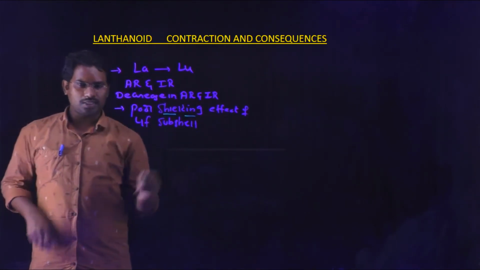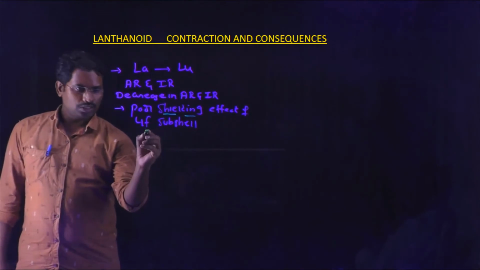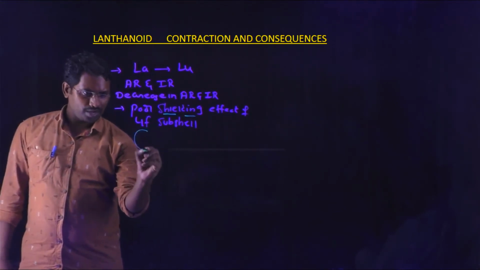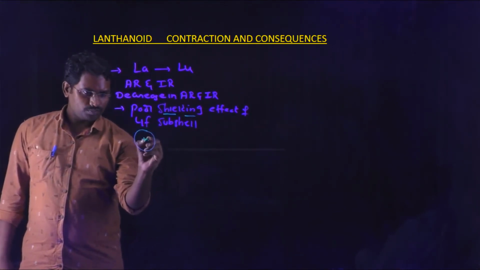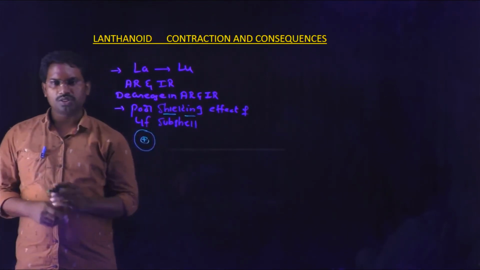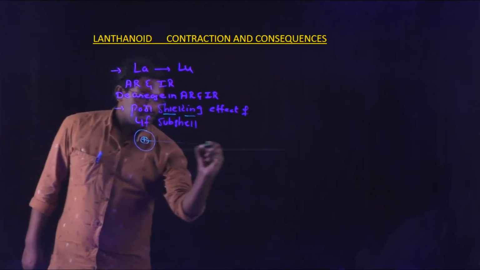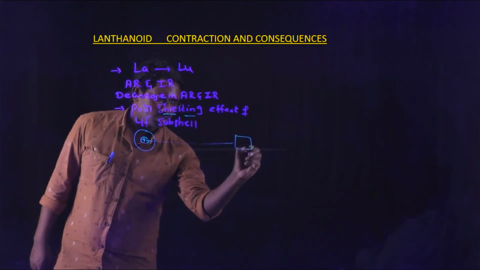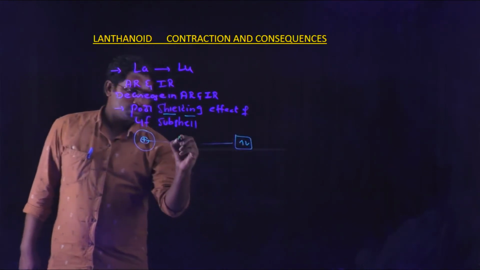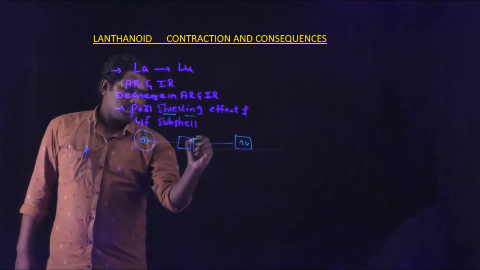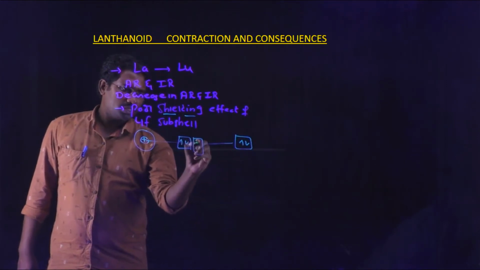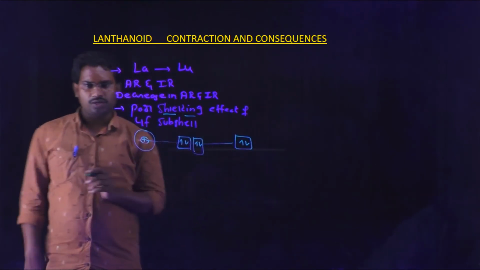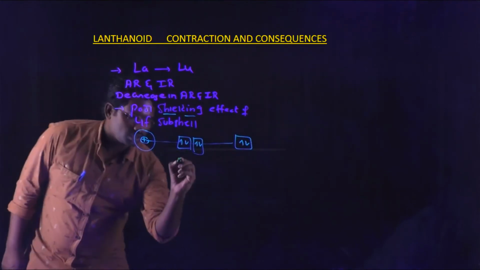First, you know very well that every atom has a small, dense positive charge at the nucleus. This is the valency shell or outermost orbital. These are all inner shells, and they also have some electrons in them.